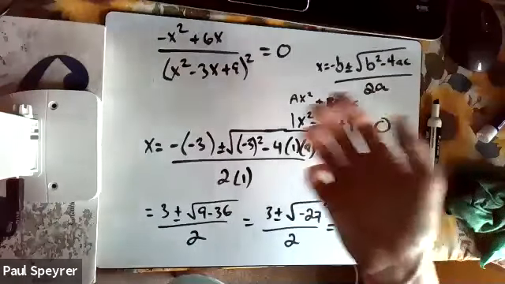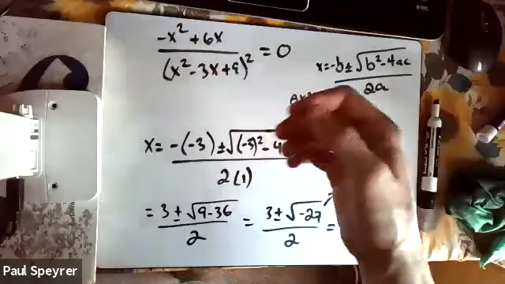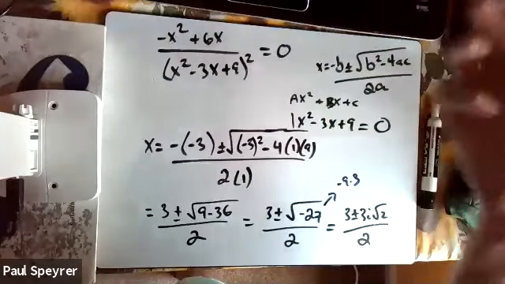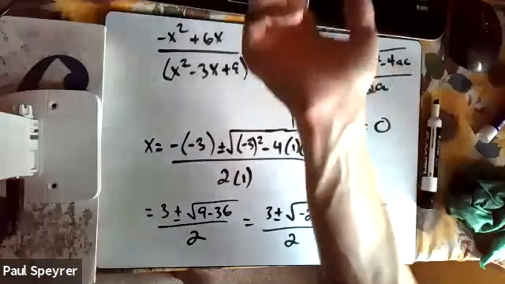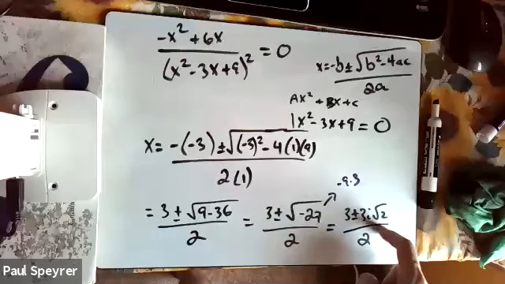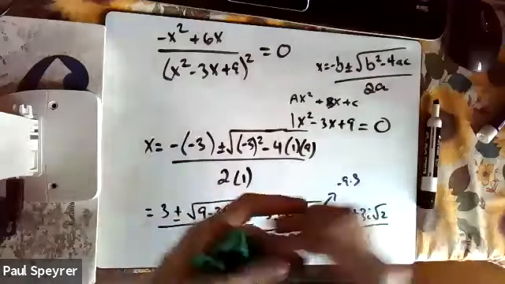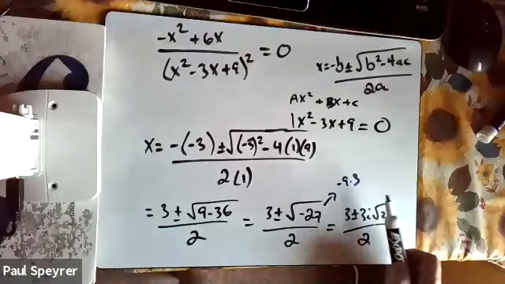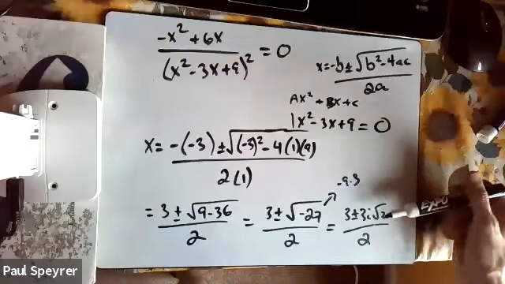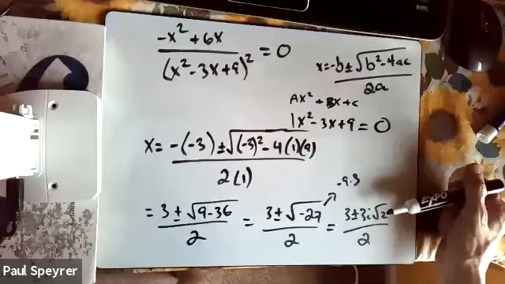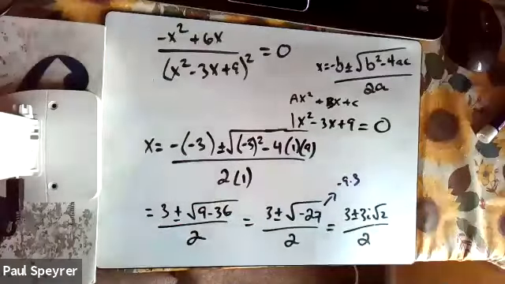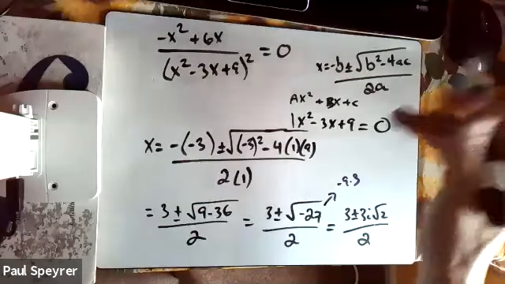Remember, these critical values have to be real numbers, like fractions, decimals, square roots of positive numbers, stuff like that. But once you get imaginary numbers as a result, these don't count for anything, because it's only the real numbers that we're worried about. Imaginary numbers don't fall under the real number family. They're in a completely other set of numbers, okay?